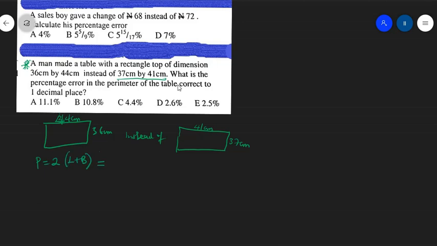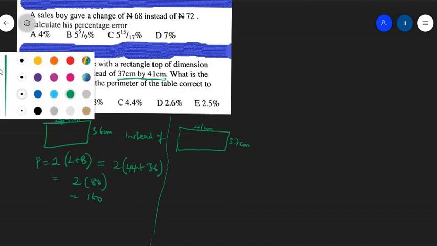Now if you place it logically, I'm going to have 2 into, what's the length here? Length is 44, plus the breadth is 36. This is the one the man is supposed to make. That will give me 2 into 80, which is 160.